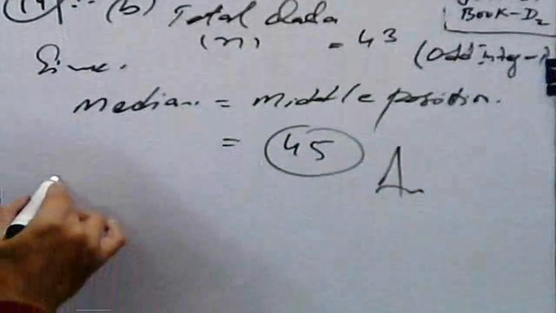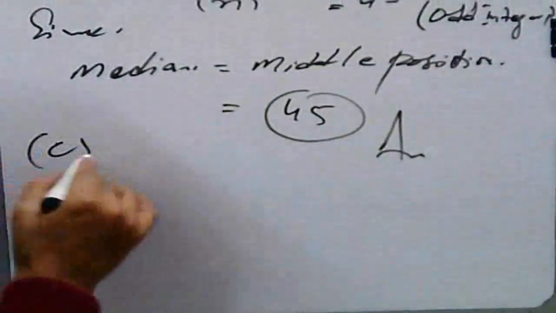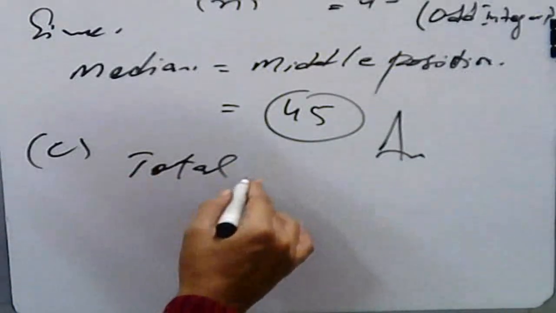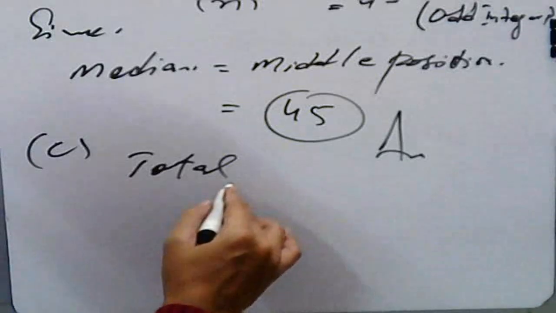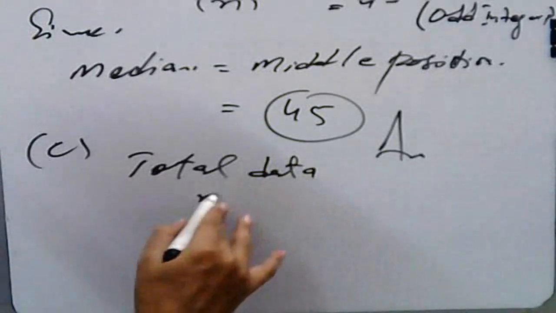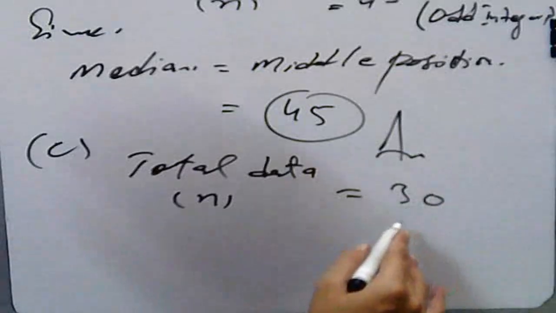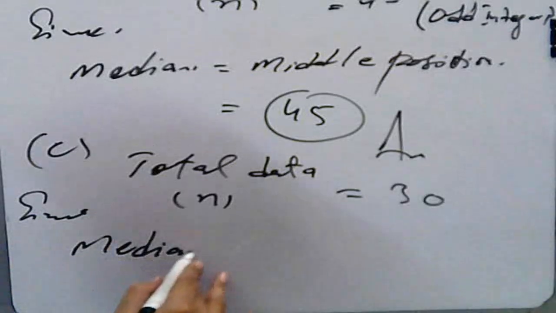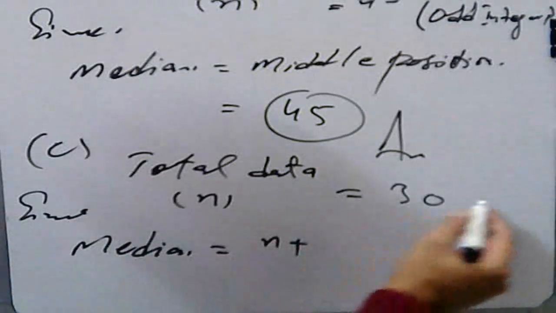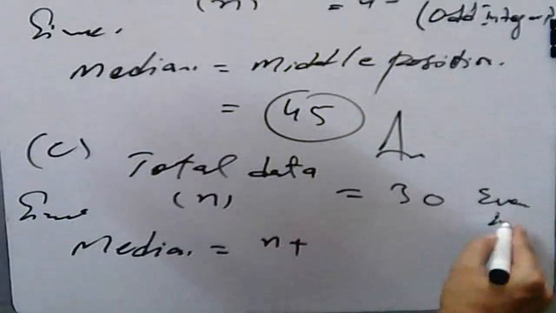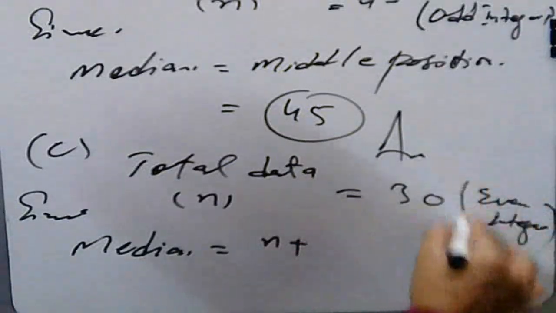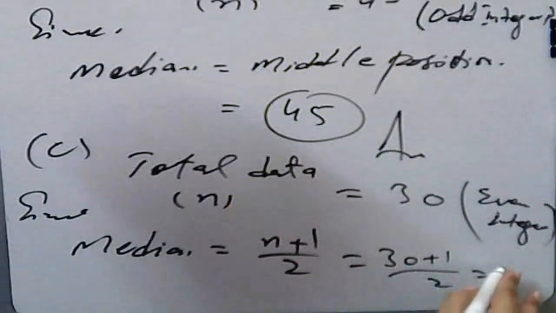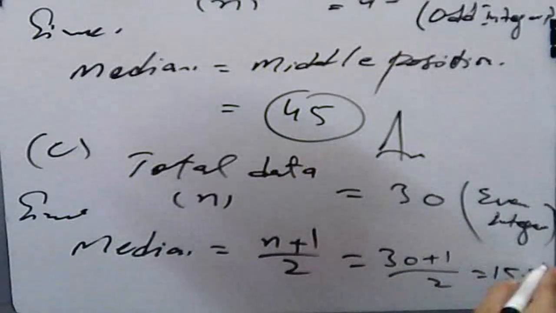Now coming to the C part. In the C part, you can see the total number of data in your textbook, because different types of sections are given. The total data n is given as 30. We have to find the median. Since 30 is an even integer, you should use the formula n plus 1 divided by 2. So 30 plus 1 divided by 2, you will get the 15.5th term.